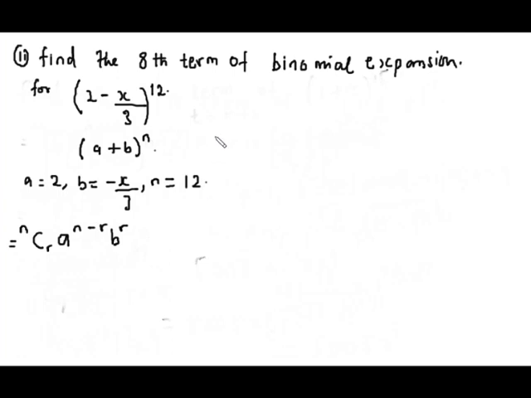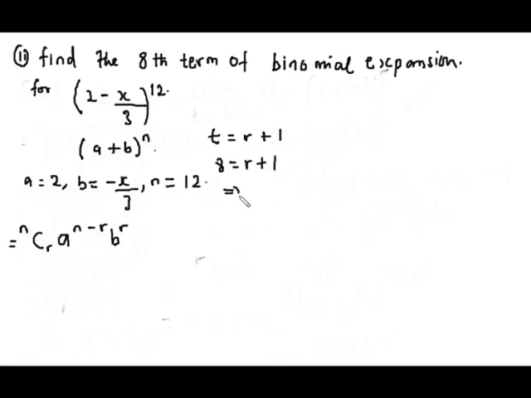For our value of r, we have c is equal to r plus 1. The c is the term we are looking for. In this case, c is 8, because we're looking for the 8th term of this expansion. So 8 is equal to r plus 1.